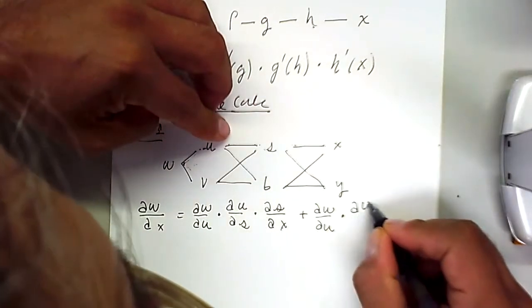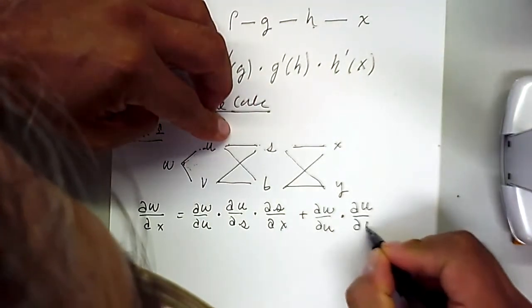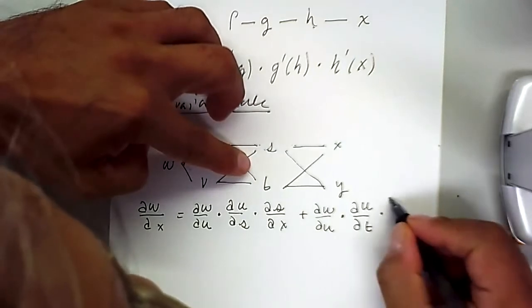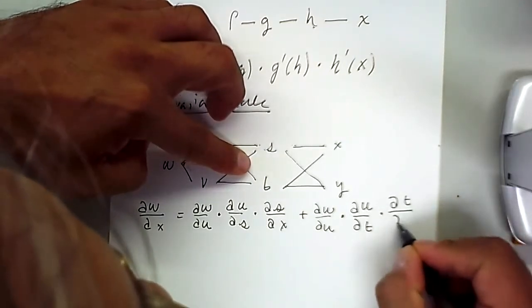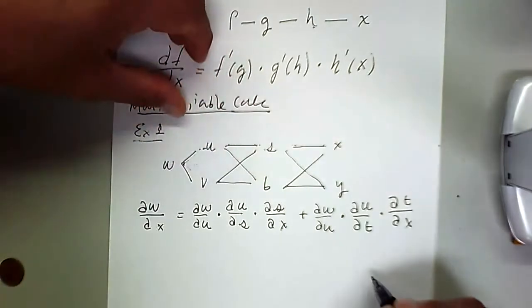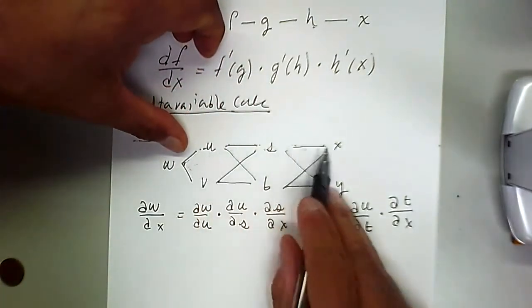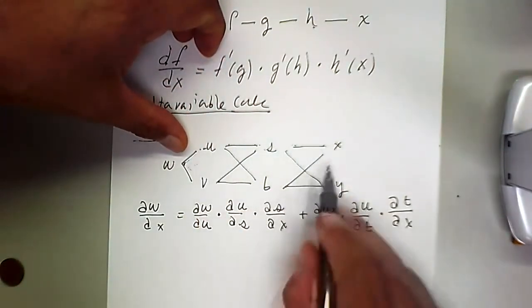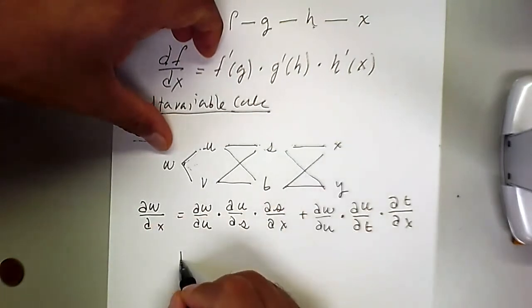Partial of U with respect to T, and then partial of T with respect to X. Okay, so we got two paths, that and that, to go from W to X. But then there's more.